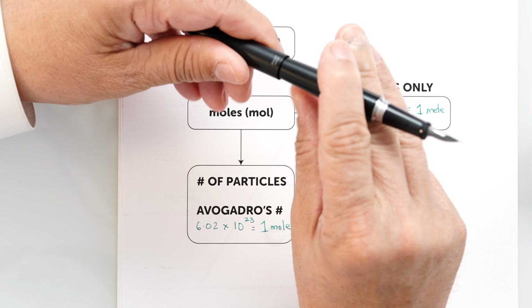So just to recap, when you're solving molarity problems, you're always trying to figure out how many moles, how many liters. So you've got 3 variables. If you're given 2 of those 3 variables, you can solve for the 3rd. If you're asked to go and make a solution of a given concentration, you can do that, but you'll first have to go through moles to get to the grams.